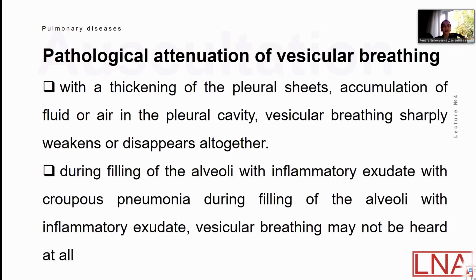It can lead to attenuation of vesicular breathing. Surely, accumulation and presence of fluid and air inside the chest can be a reason and can lead to attenuation of vesicular breathing. During thickenings of the alveoli with inflammatory exudate, with crepitation pneumonia, vesicular breathing may not be heard at all.